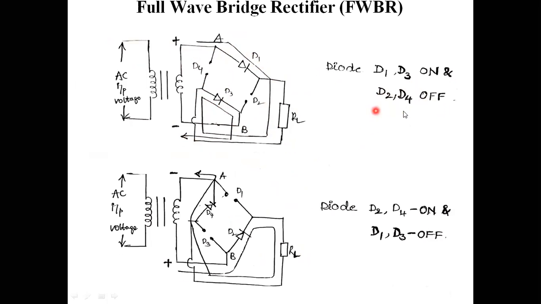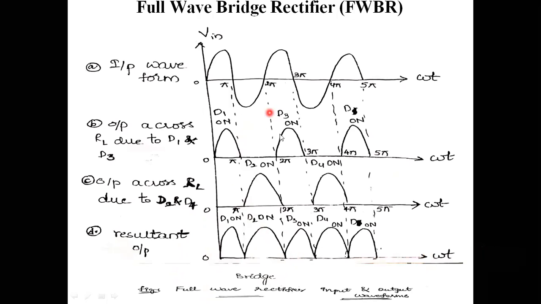Conduction takes place through these 2 diodes. For the negative half cycle, point B is more positive than point A. Then conduction goes from point B through diode D2, RL, D4 to point A. That means diodes D2, D4 are in on position, diodes D1, D3 are in off position. In this way we can explain the waveforms as well as the operation of the bridge rectifier.